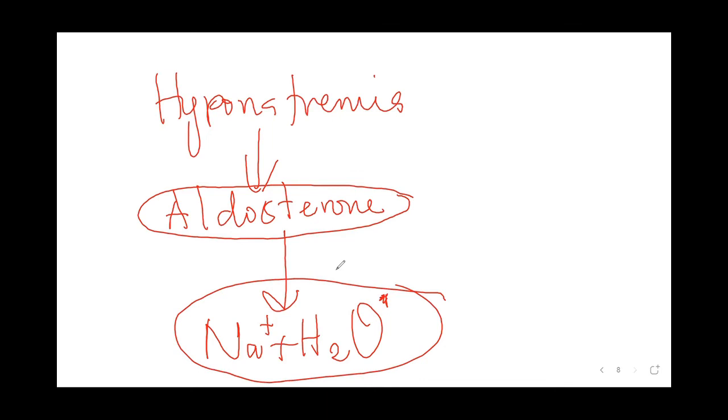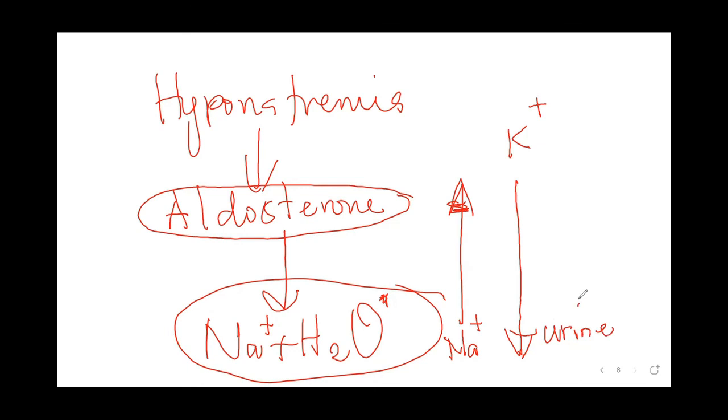Now, with reabsorption of sodium and water into the system, there is loss of potassium as a monovalent ion in exchange of sodium ion into the urine.